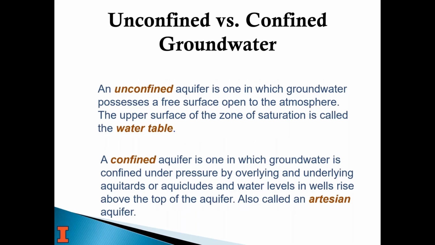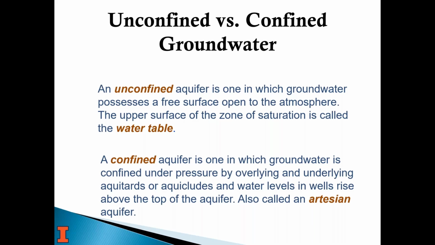And the other side of this is unconfined versus confined. The best way to say this, I guess, is when it has a free surface so that there's air still in the aquifer. So if I have 50 feet of sand and the water level is 10 feet below land surface and sand goes all the way to the surface, the upper 10 feet of that sand is dry.